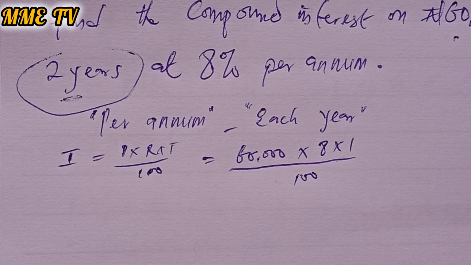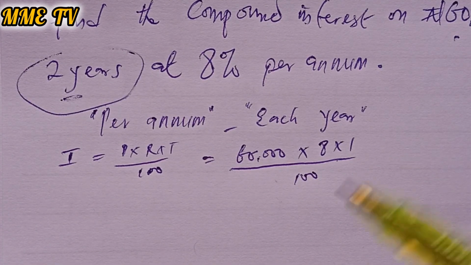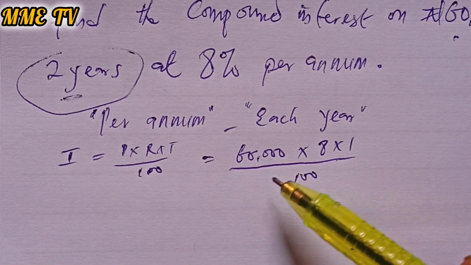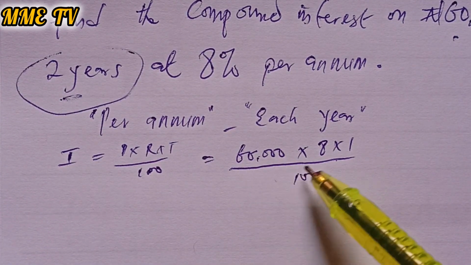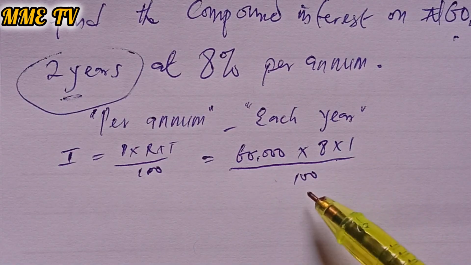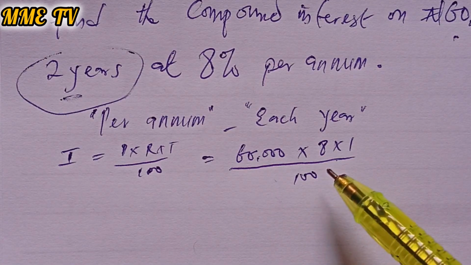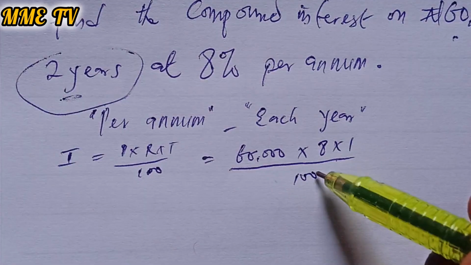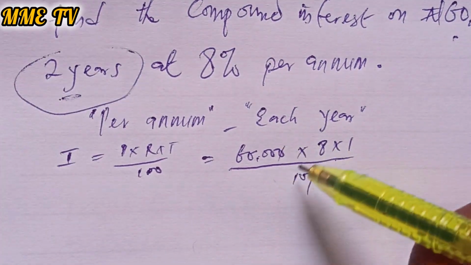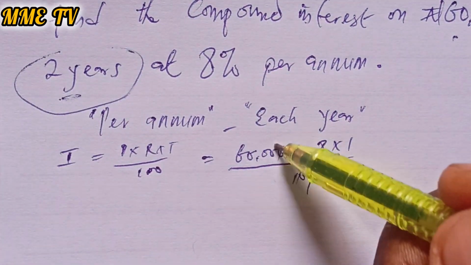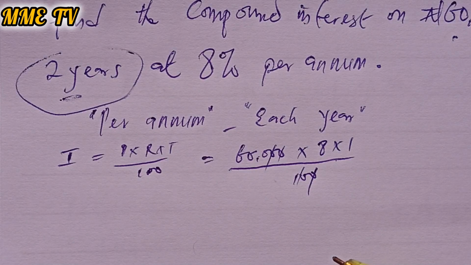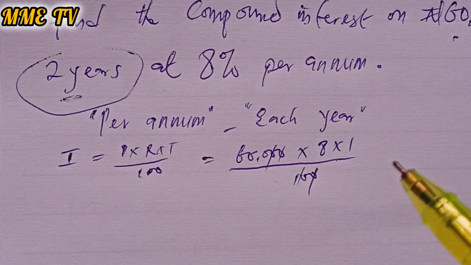You'll be left with no option than to use your head. So instead of using a calculator to calculate 60 times 8 times 1 and then dividing with 100, for me, it's not the right thing to do. So you use this 0 and cancel this 0, use this 0 and cancel this 0. What is left for you to do now is this.